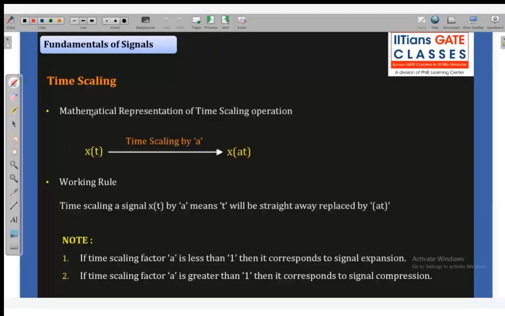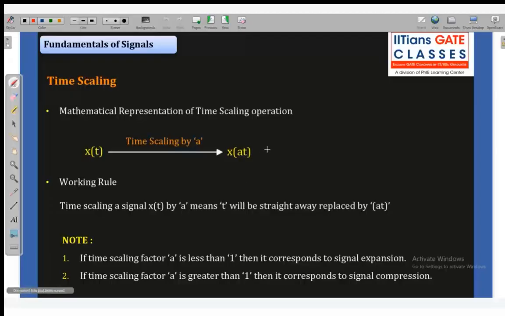Okay, so the mathematical representation of time scaling is x of t represented by x of at. So replace the t by at and again do the same thing which I told you just now.